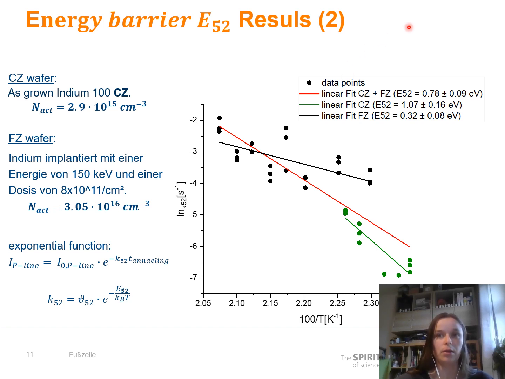So the next question is, are there any differences between the samples that need to be taken into account, for example, the hole density? Hopefully, we can discuss this later.